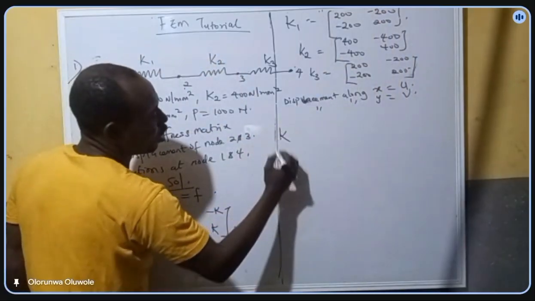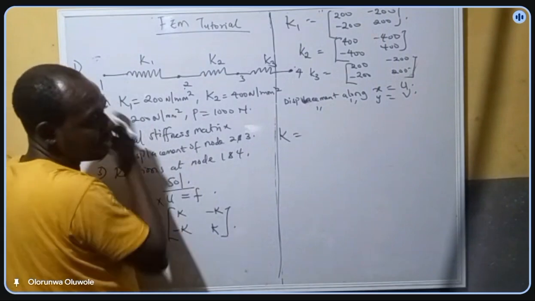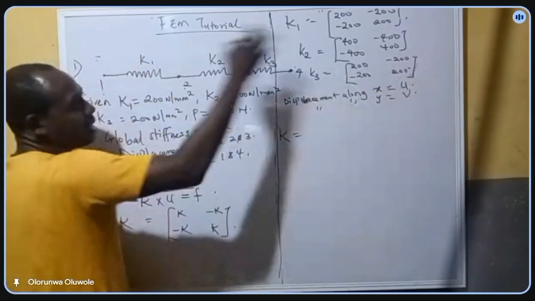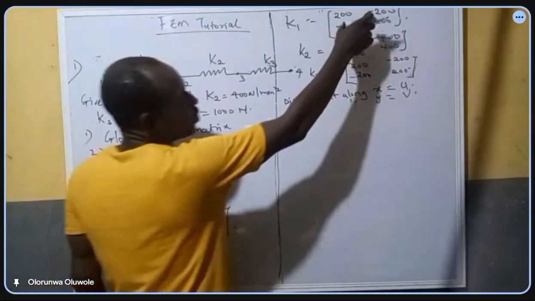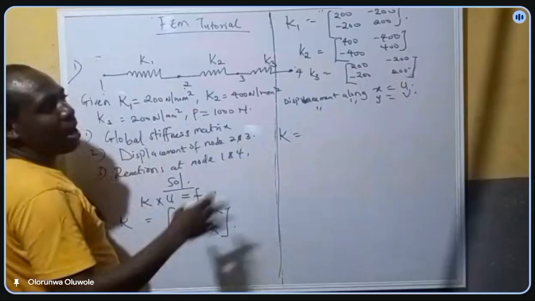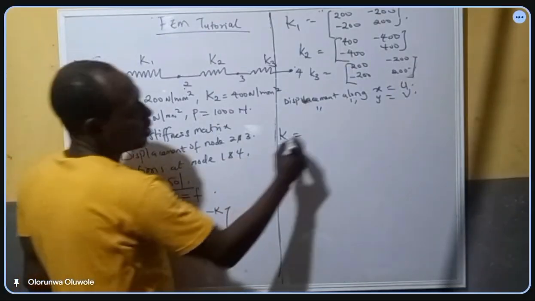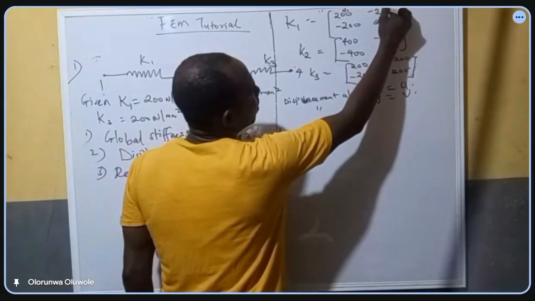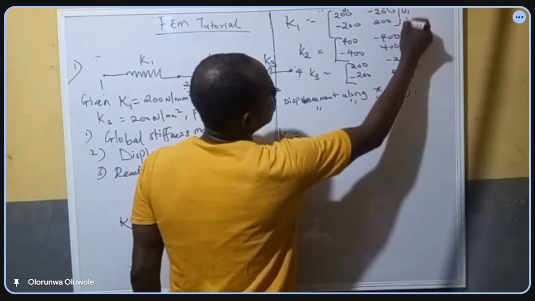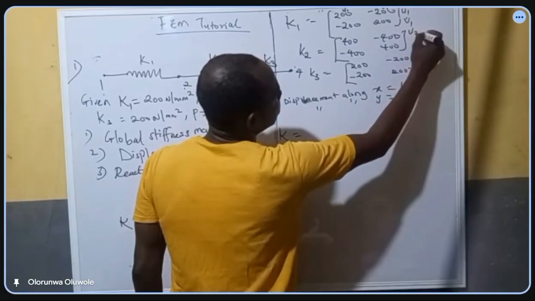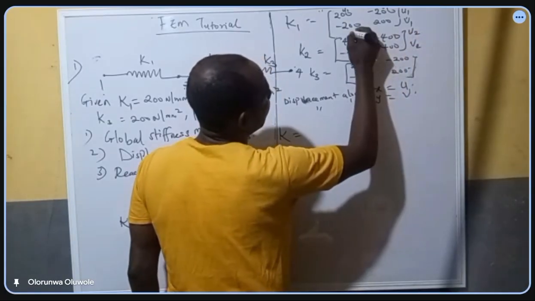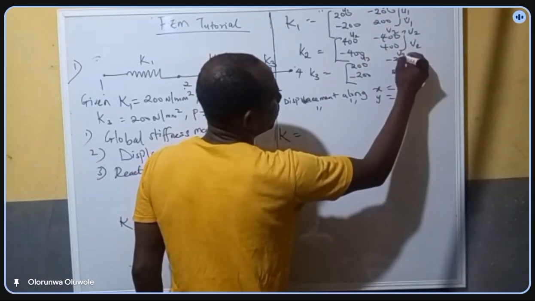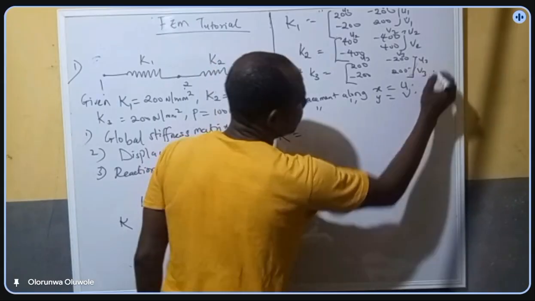So we want to get the global matrix now. The global matrix means combining these three together: combine 1, 2, 3. So how will you do that? You are going to have this: U1, V1, U1, V1, U2, V2, U2, V2, U3, V3, U3, V3.